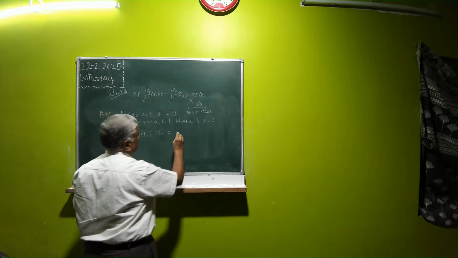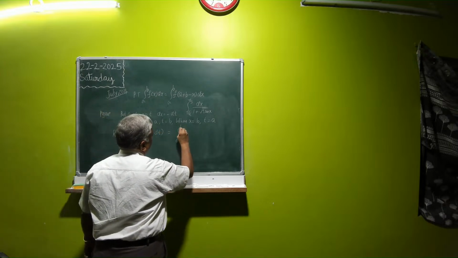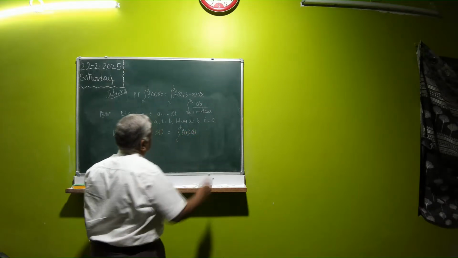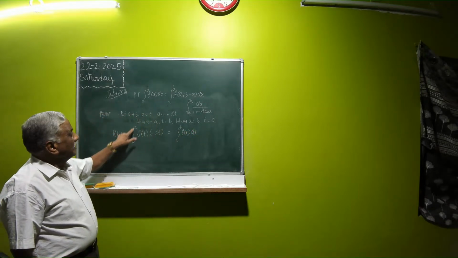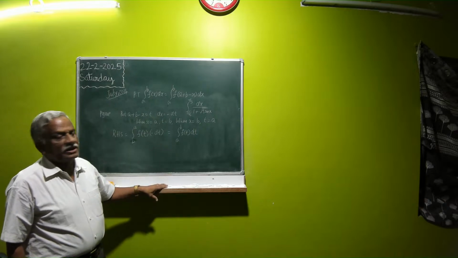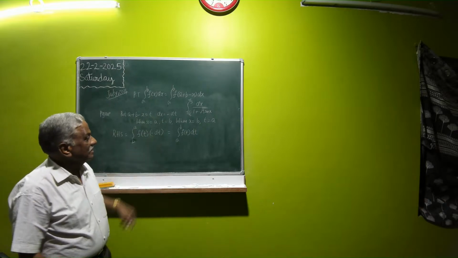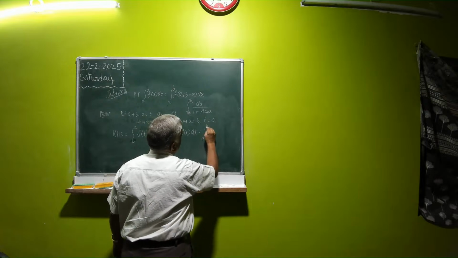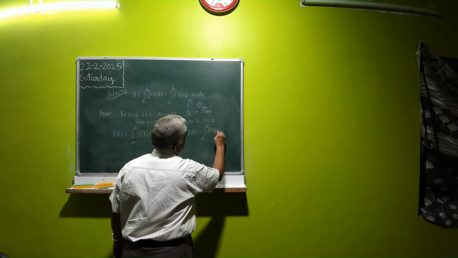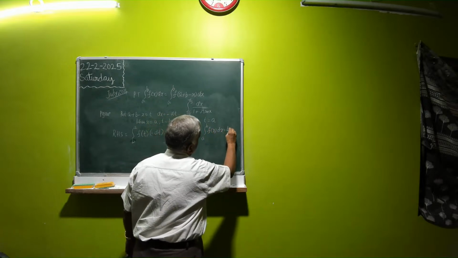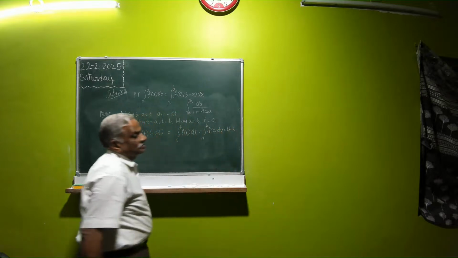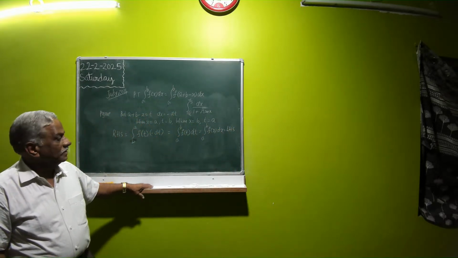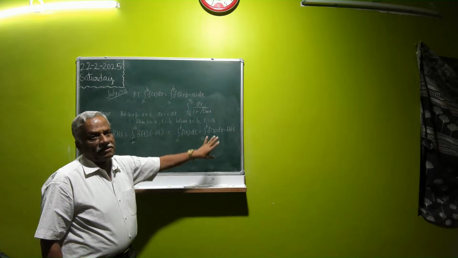This we can write as the integral from a to b of f(t) dt. How? If you interchange the upper and lower limits, you get a minus sign, and there is a minus sign. This you can write as the integral from a to b of f(x) dx, which is equal to the LHS. What is the method we have employed? A definite integral is independent of the variable.